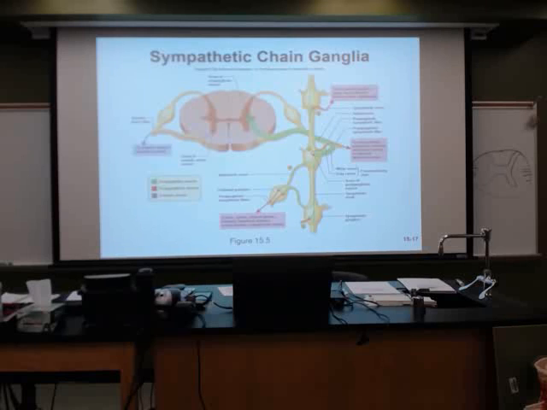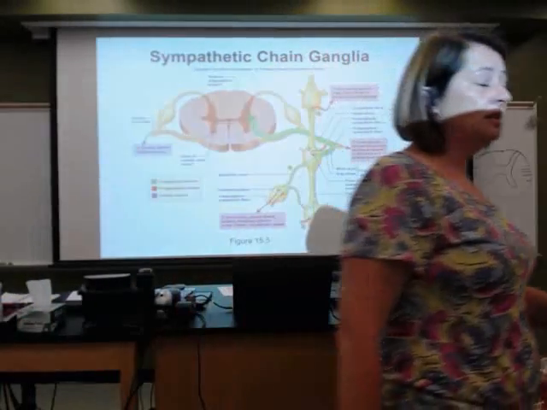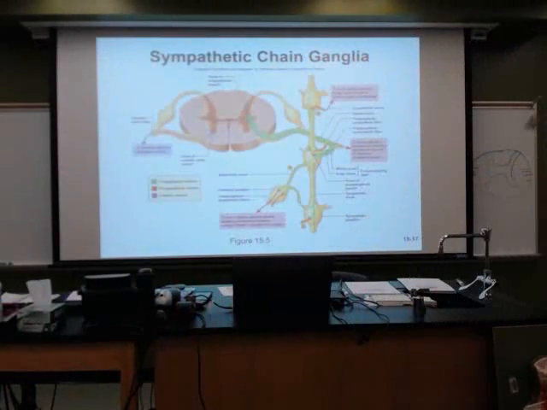What about the pupils of your eyes? That's not having to do with the brain. It's actually smooth muscle. The pupils of your eyes are controlled by smooth muscle. So if the sympathetic division is gearing up, your pupils dilate.